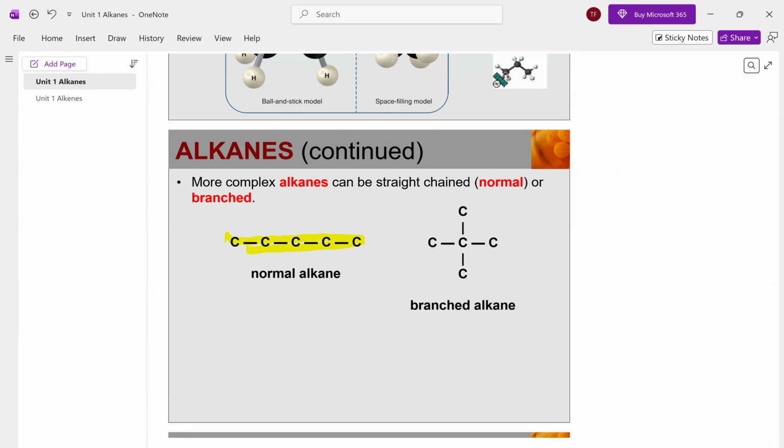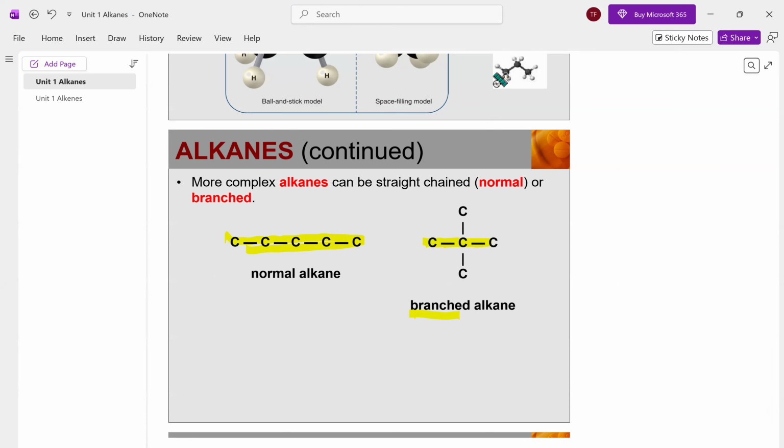Okay, so in the case of this over here, that's the longest chain, the one in the middle. Now, you have to ask yourself, are there carbons not on the backbone, not on the yellow? Yes, that means this one here is branched.